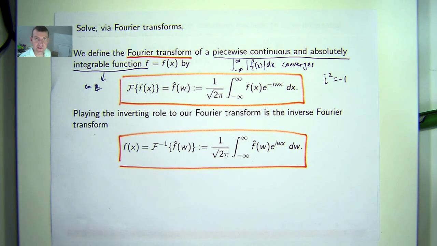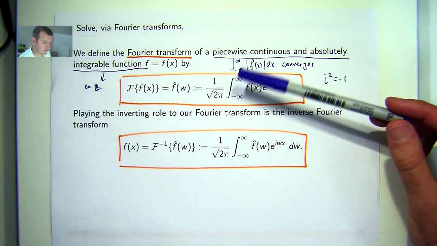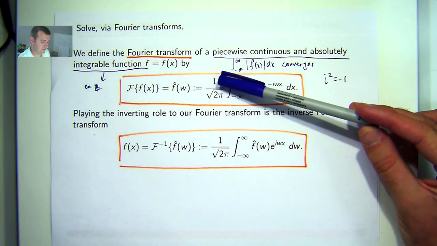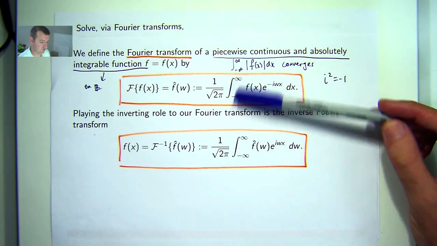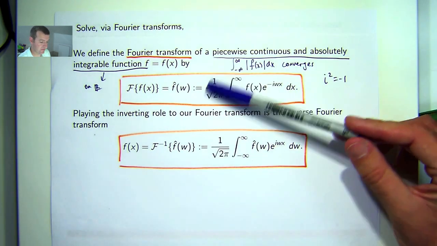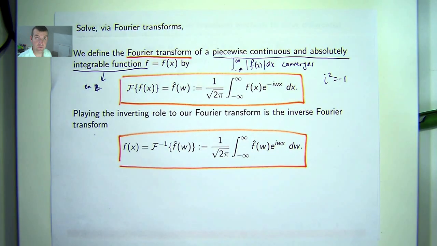And playing a sort of inverting role to the Fourier transform is the inverse Fourier transform, where you have here this thing. Now, I'm using the definition where you have the 1 on root 2 pi out the front of both the transform and its inverse. Some authors have a 1 on 2 pi here or here, or somewhere else.